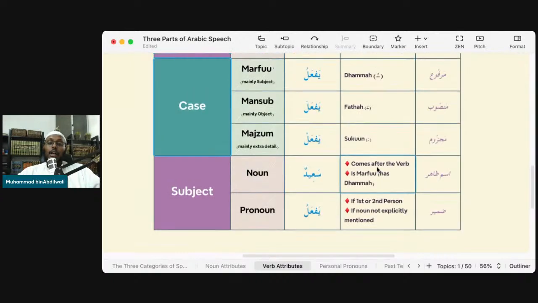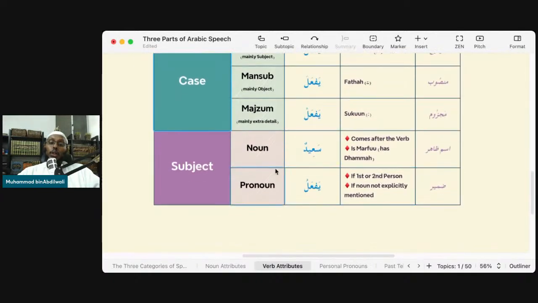This brings us to this third point, which is the subject. Every verb has a subject, i.e., every verb has a doer. And this, of course, is something that, alhamdulillah, as Muslims, we believe in, right? As a matter of fact, it is one of the greatest signs of Allah's existence.